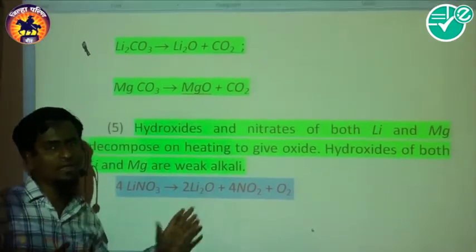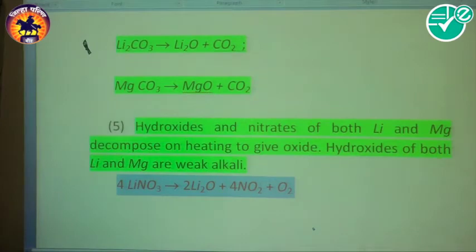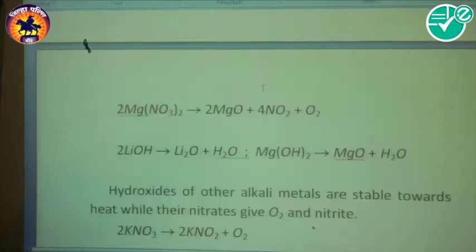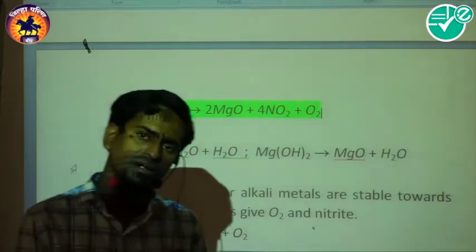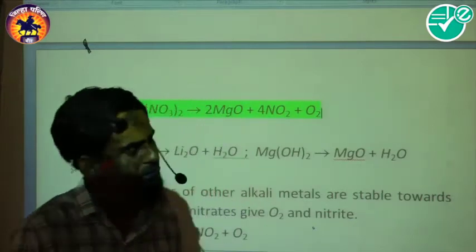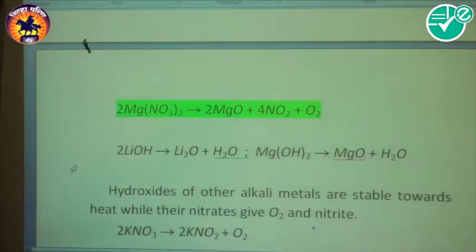Both magnesium and lithium do this, but other elements do not. They do something different. This is for magnesium. The other elements' nitrates form nitrite. Okay. Now come to the next.